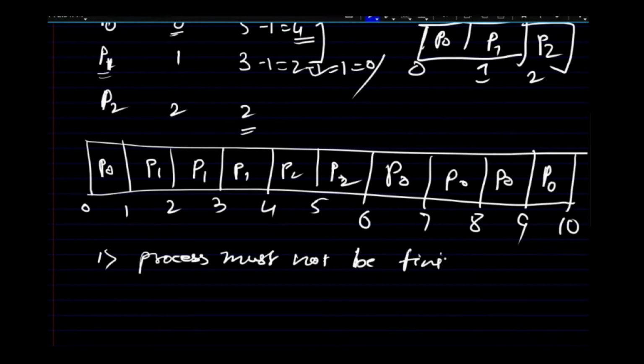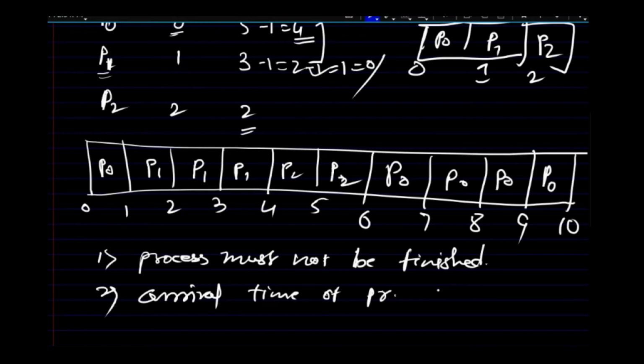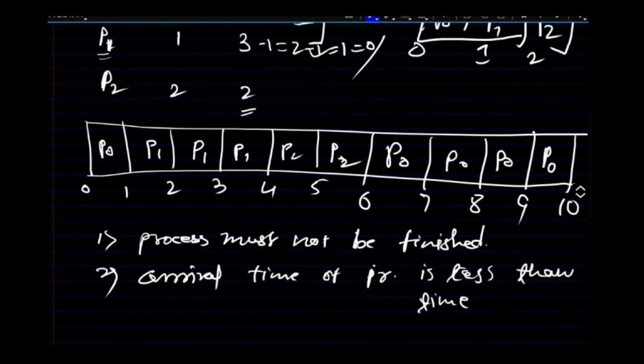To schedule a process, it should not be completed already. Second, the arrival time of the process is less than the timeline. It should have arrived in the ready queue.